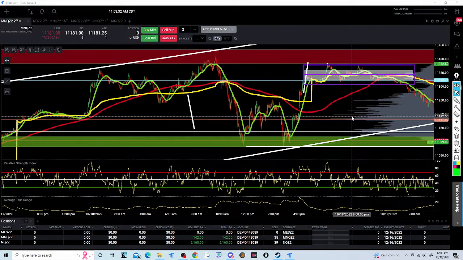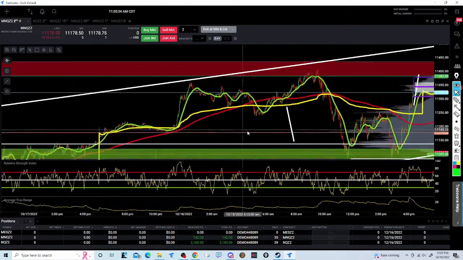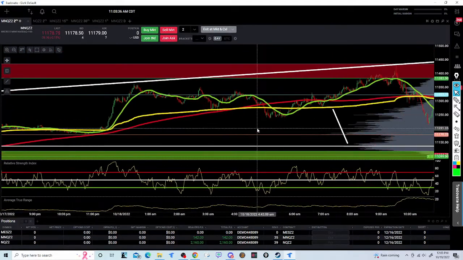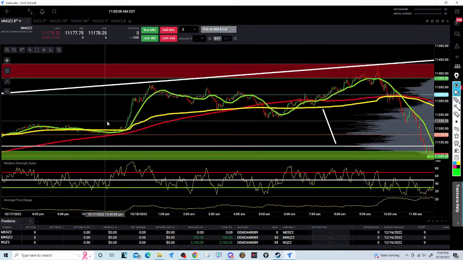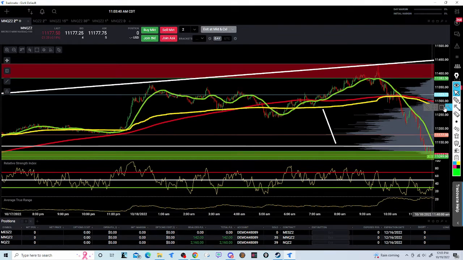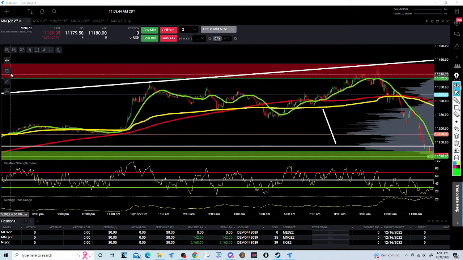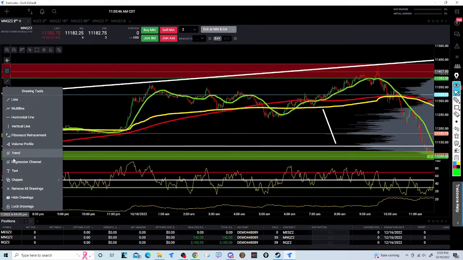All right, so let's look for one more range here. And this one's actually another excellent example of why not to be greedy.